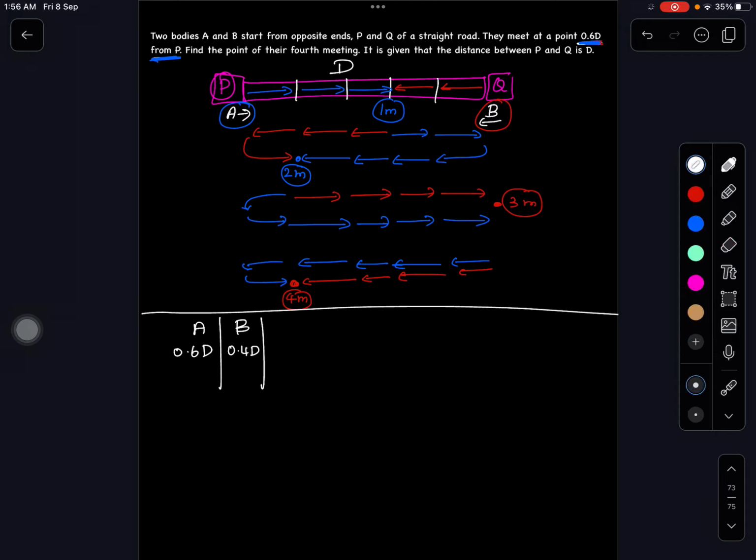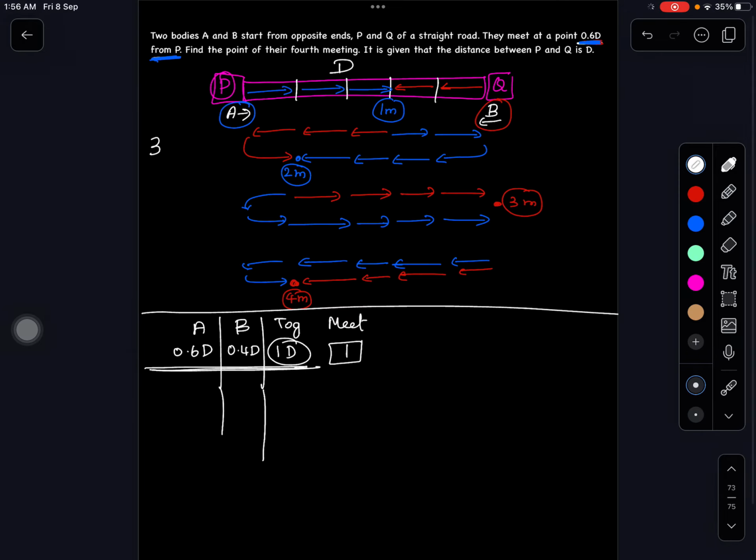Together they would have covered 1 distance and meeting number 1 has happened. Every time together they cover 1 distance, these two people's speed ratio is 3:2. Only if their speed ratio is 3:2, every time A covers 3 units, B would also cover 2 units.